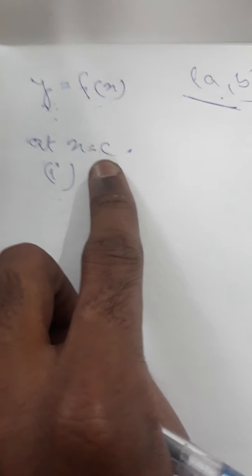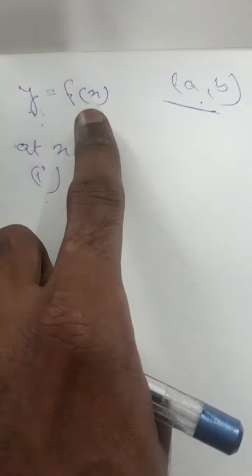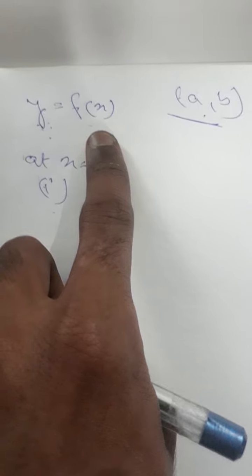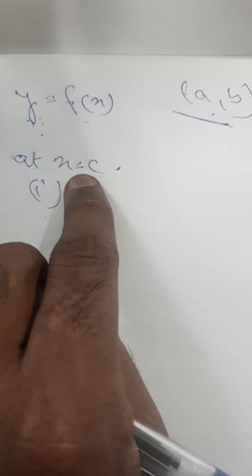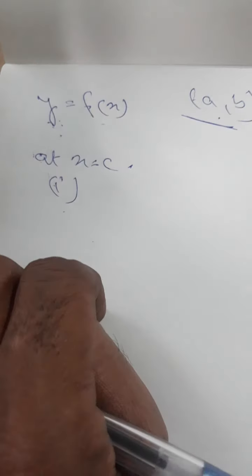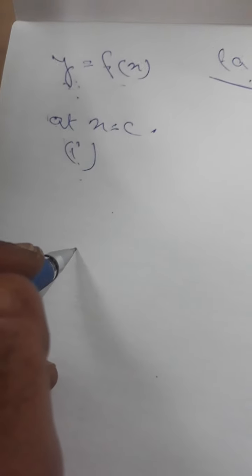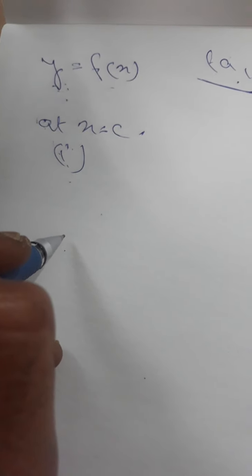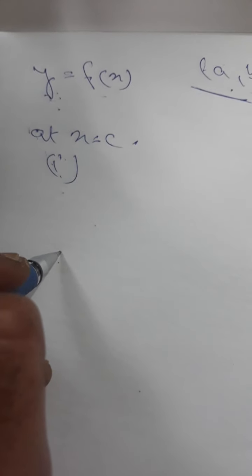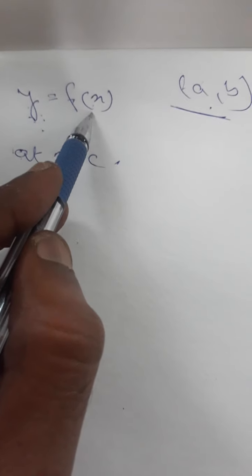I am going to give you all three conditions. If these three conditions are satisfied, then we say that the function happens to be continuous at the point x is equals to c.